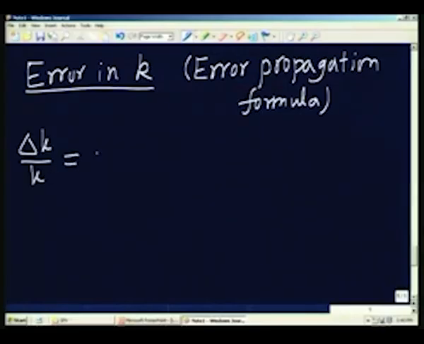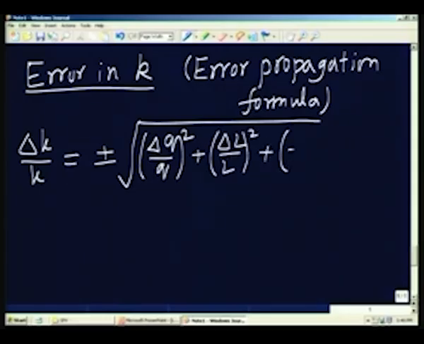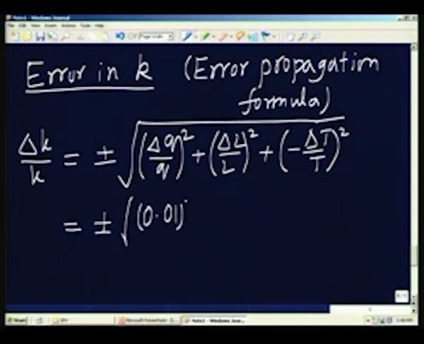delta K by K, which will be plus or minus the square root of (delta Q by Q) whole squared plus (delta L by L) whole squared minus (delta T by T) whole squared. Of course, because it is squared, the minus sign is not going to make any difference. Delta Q is 1%, so delta Q by Q is 0.01, whole square.